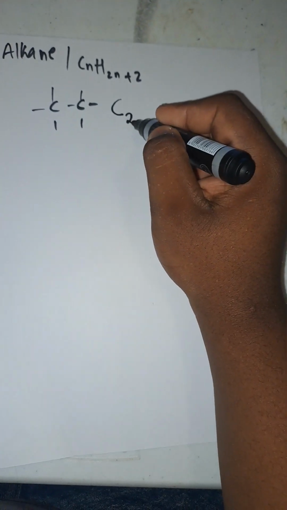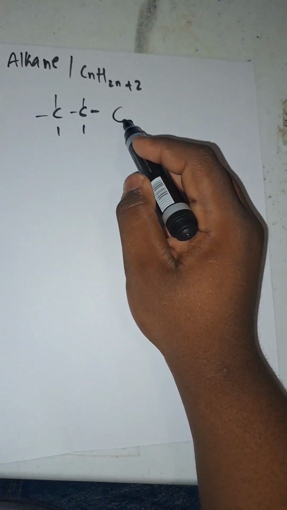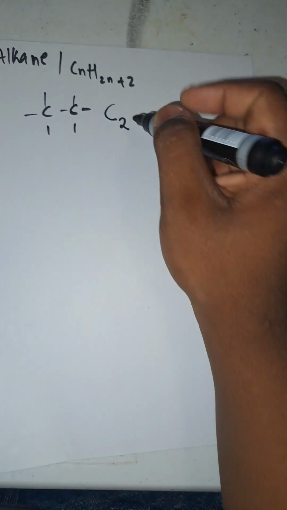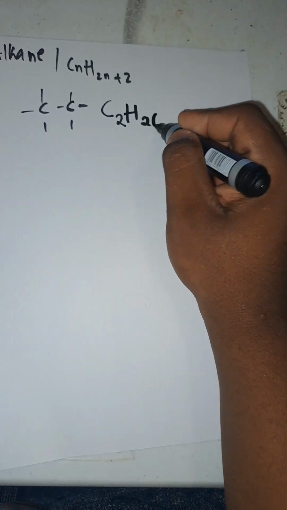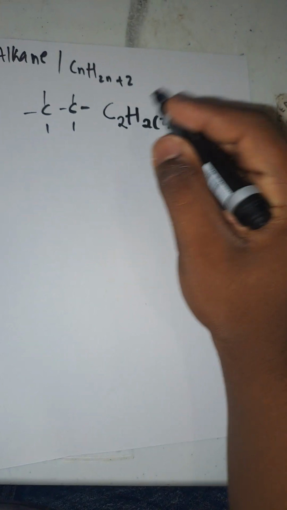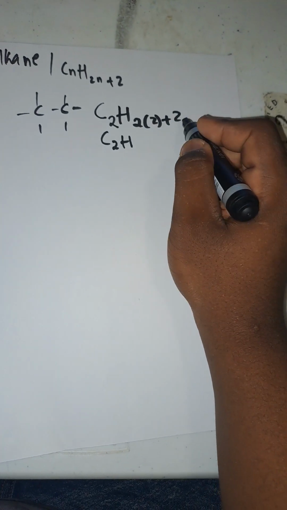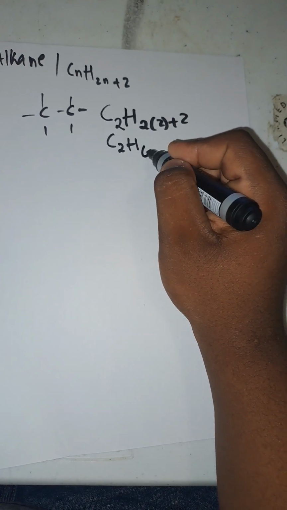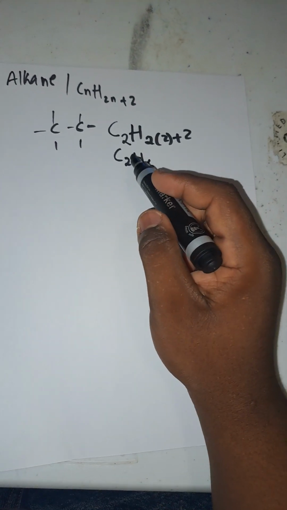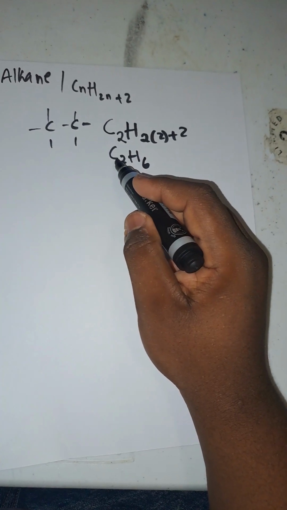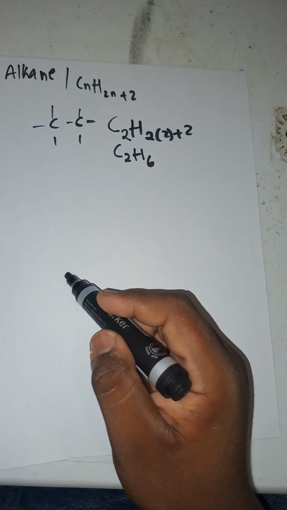So it's going to be C2. This 2 is telling you that you have 2 carbon atoms. Then H2 times 2 plus 2, which means I have C2, H, 2 times 2 is 4, plus 2 is 6. So this is how it is. It basically means I have 2 carbon atoms and 6 hydrogens.